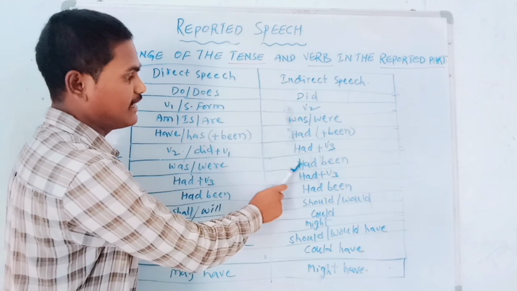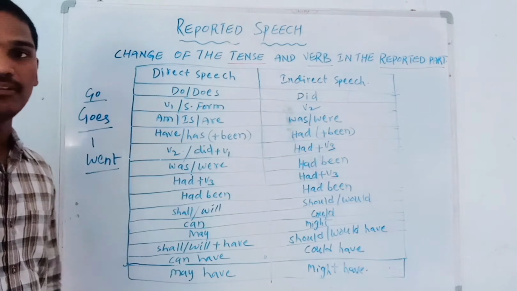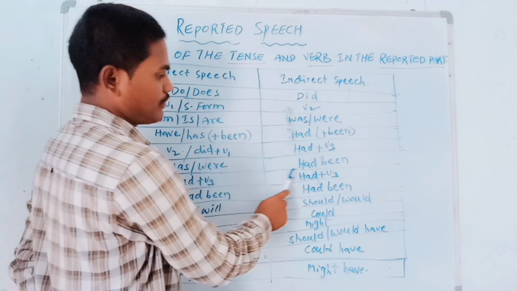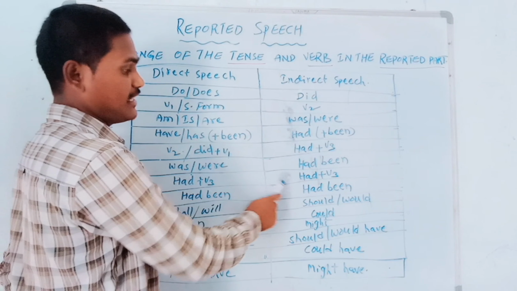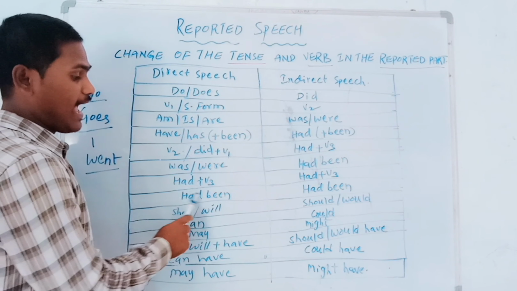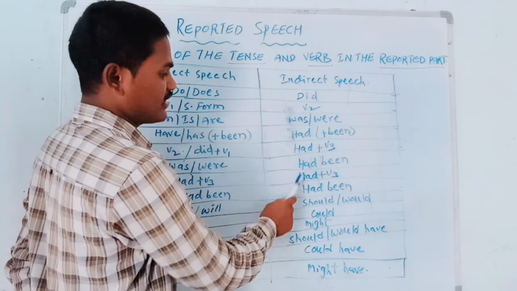Was, were: these helping verbs become had been. Had plus V3 doesn't change, as usual it stays had plus V3. Same with had been, it stays had been.